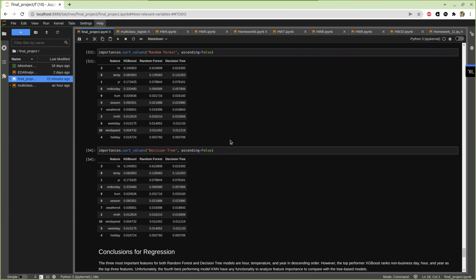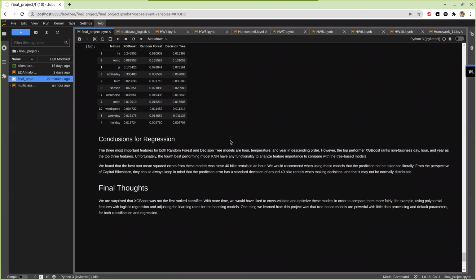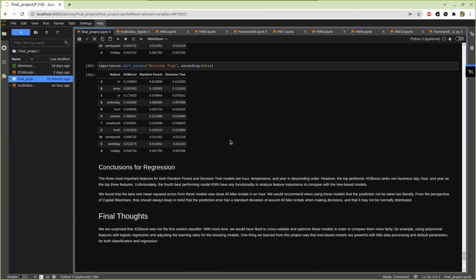So that being said, if this model were to be used in practice, and if we were to give this to Capital Bike Share for them to use, it would be important to know that there is an error from what those predictions are, and any use of this should be given more as a generalization, and that more work should be done if they're going to use it to make thresholds of when they should buy more bikes.